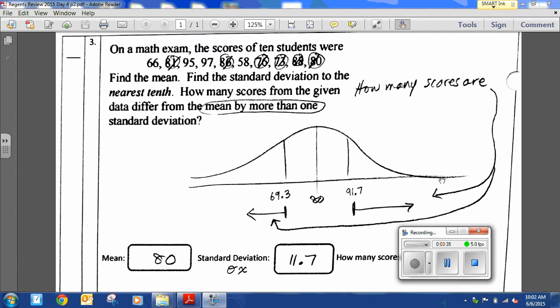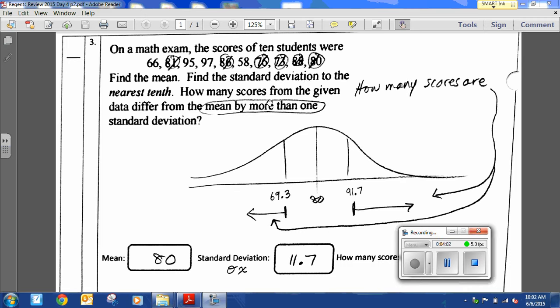Number 3, here's your standard deviation normal distribution problem. On a math exam, the scores of 10 students were as follows. Find the mean. Find the standard deviation to the nearest tenth. How many scores from the given data differ from the mean by more than 1 standard deviation? Okay, first thing, we plug all these numbers into our list.